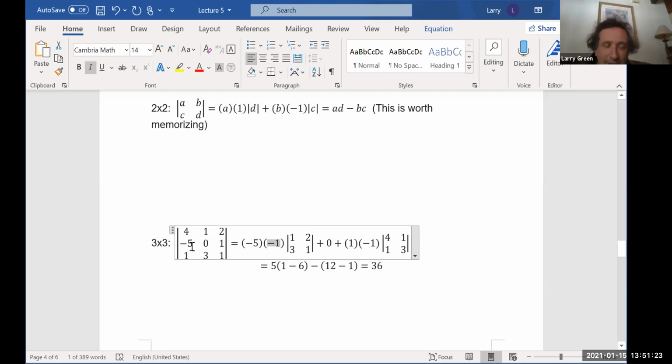Okay, then the next item in that row is 0. And the good news is I don't need to even do the rest of that. How come? Well, I don't even have to bother with whether it's -1 or +1 and what's the minor. You see it?